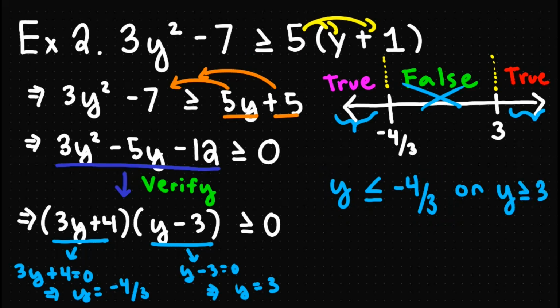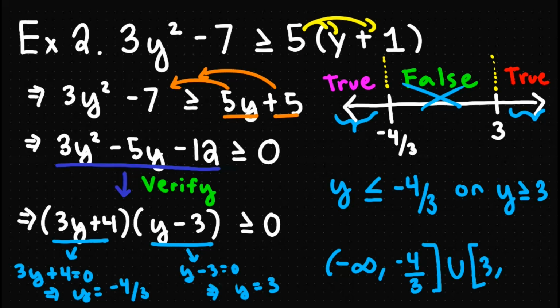Since we have these two regions, this one represents this region, and this one represents this region. In interval notation, we can write this as negative infinity to negative 4 over 3 with a square bracket, since we have equal to, union 3 to positive infinity. And that is our answer for this problem.